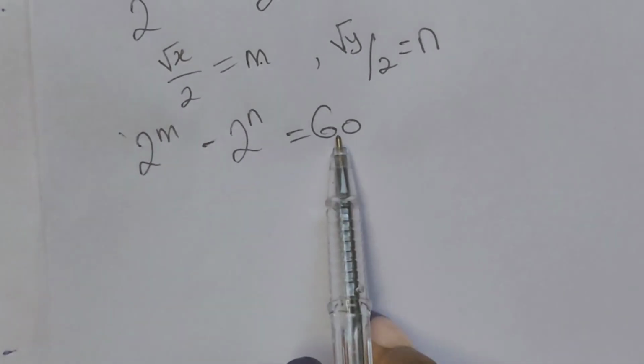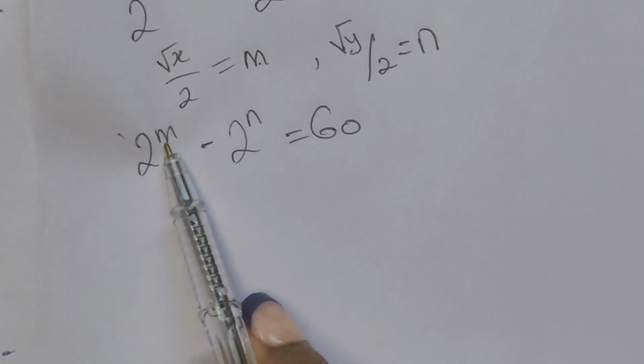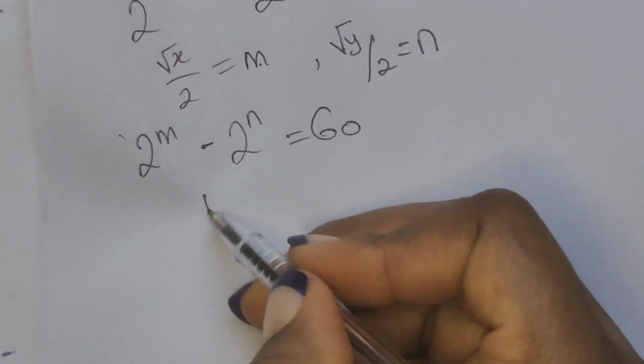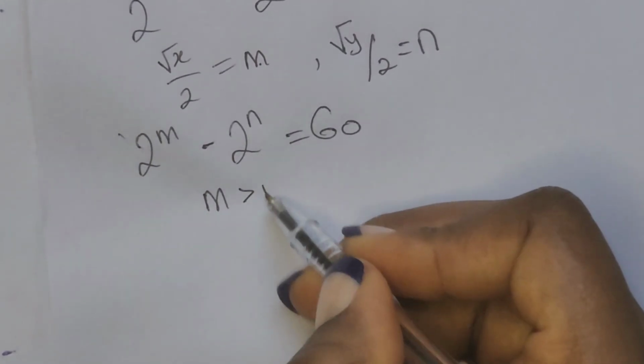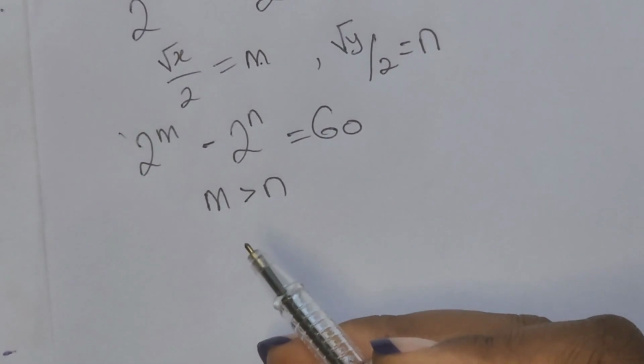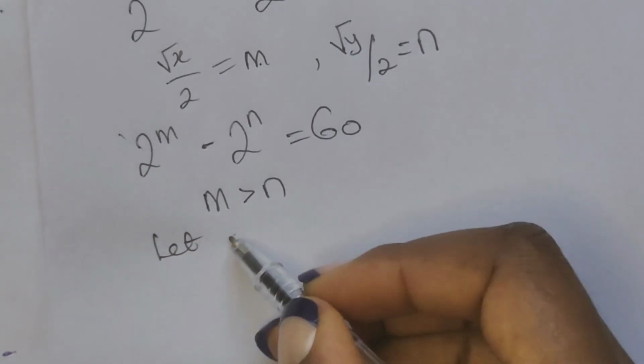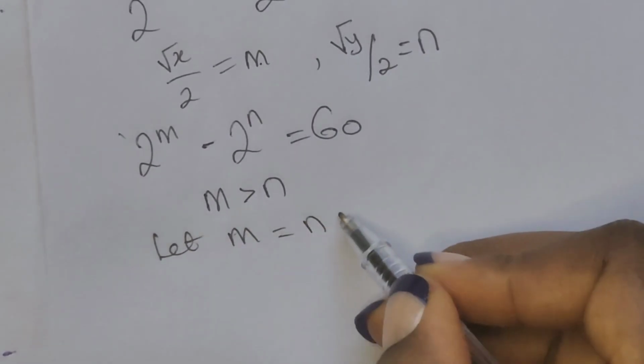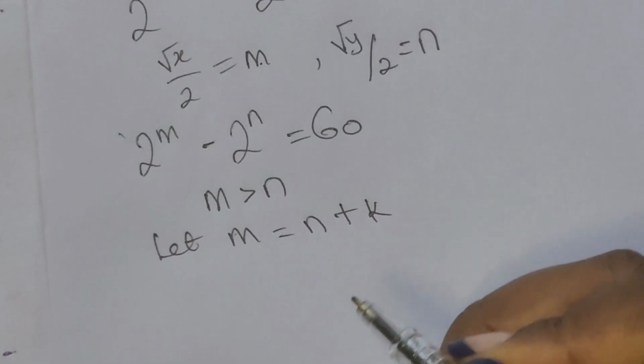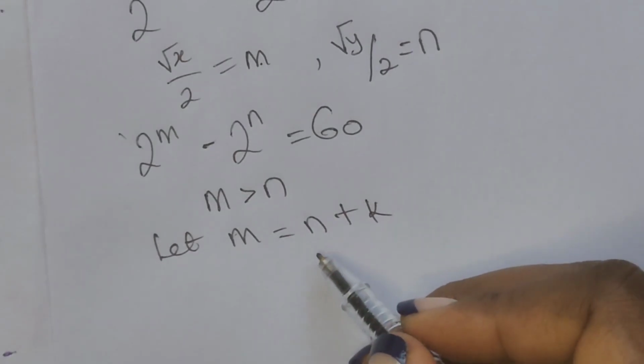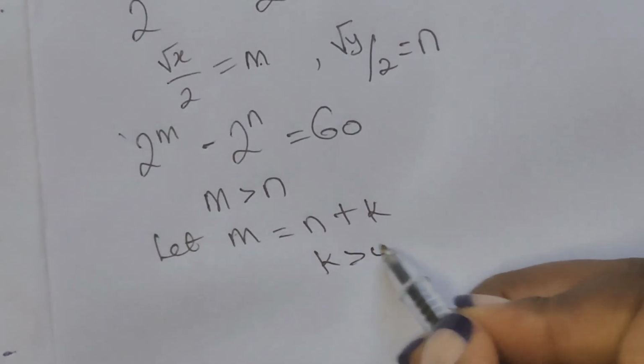So looking at this equation, we can observe that m is greater than n. So if m is greater than n, let m be equal to n plus k, provided that k is greater than 0.